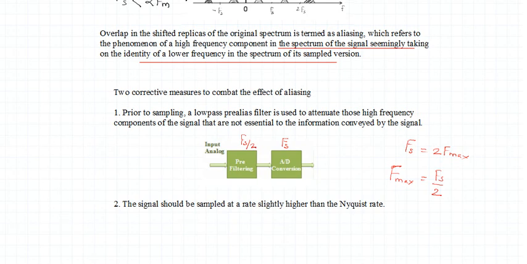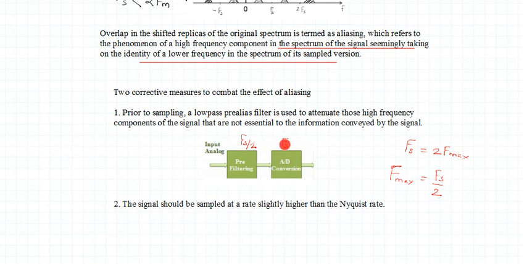All the frequencies of the input signal will be restricted to Fs by 2, and therefore if I now sample such a signal at a rate of Fs, we will not have an aliasing problem at all, because we have taken care of it prior to sampling. We have not passed any frequency above the sampling frequency to the A to D conversion.